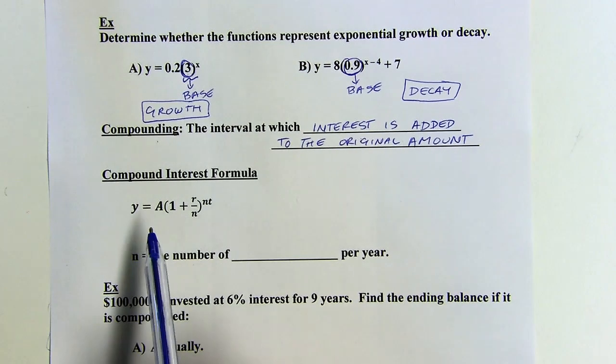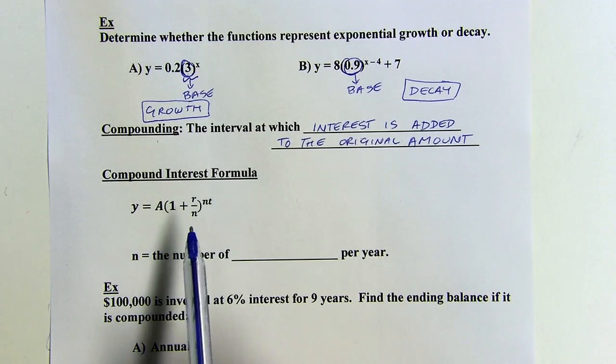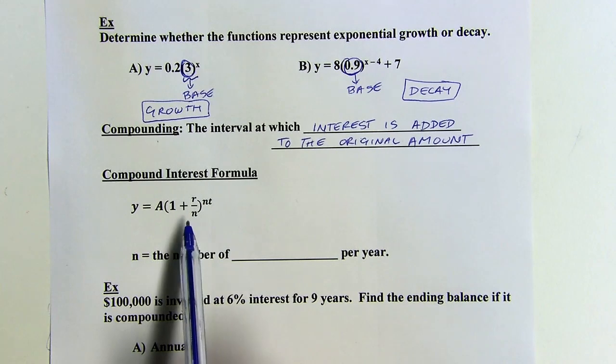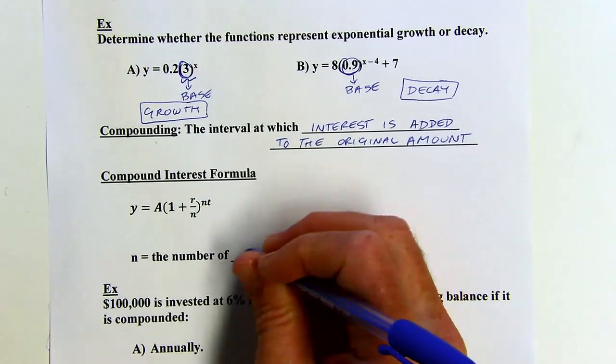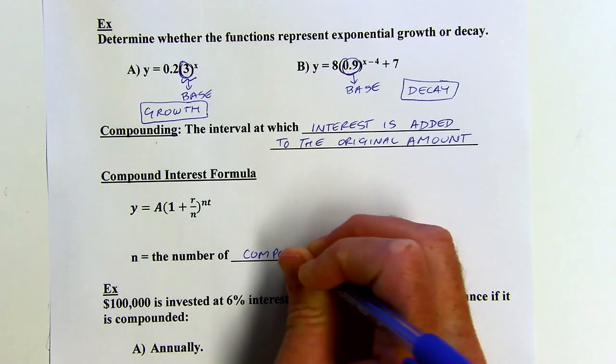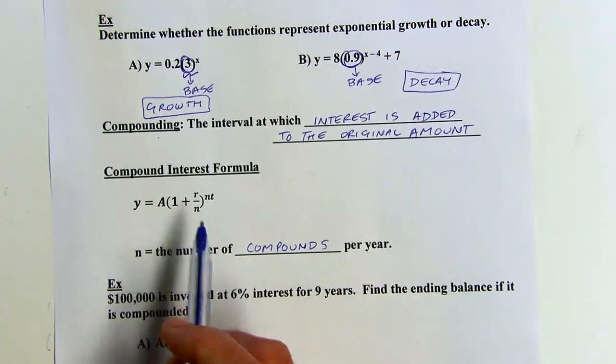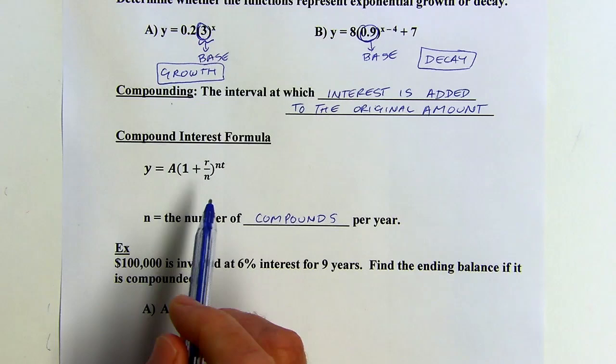So this looks a lot like the exponential growth formula that I showed you, but we've got these n's in here. And the n is going to be the number of compounds per year. Okay, so you could actually use this for just basic exponential growth.